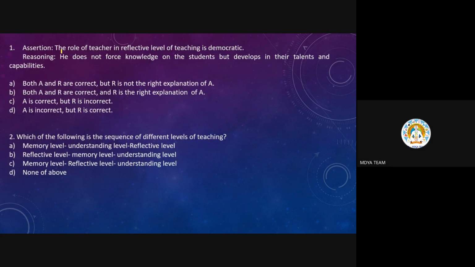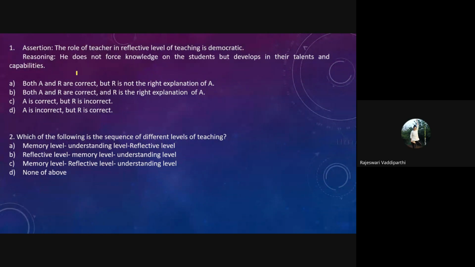Okay, so now let's see the question. The first question, assertion and reason type. The role of teacher in reflective level of teaching is democratic. He does not force knowledge on the students, but develops their talents and capabilities. Answer quickly.